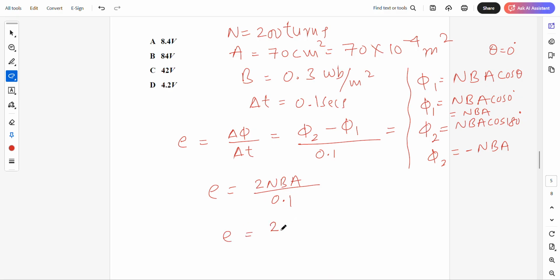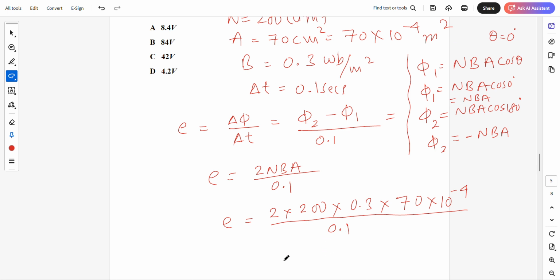E is equal to 2 into N, B, A over delta T. N is 200. How much is B? 0.3 is given. Area is 70 into 10 to the power of minus 4, divided by the time interval, which is 0.1.